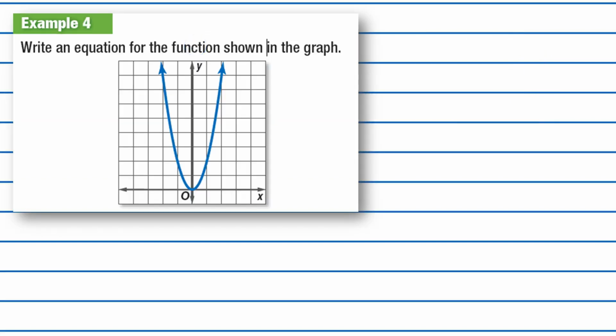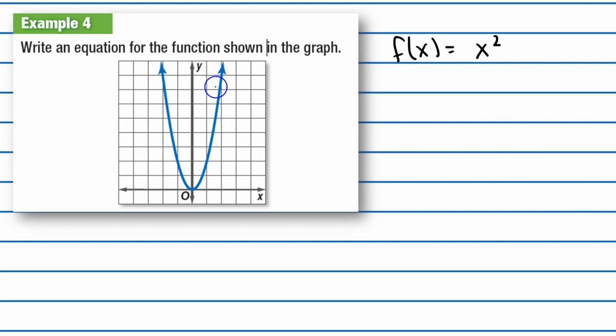So now let's go ahead and look at example 4, which is a little different. We want to write an equation for the function shown in the graph. First of all, we see that the graph opens up, so we know the leading coefficient must be positive. So I'm going to start with f of x is equal to x squared, because I do know that has to be x squared, that's our parent function.